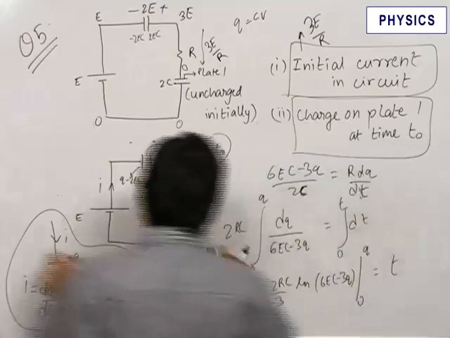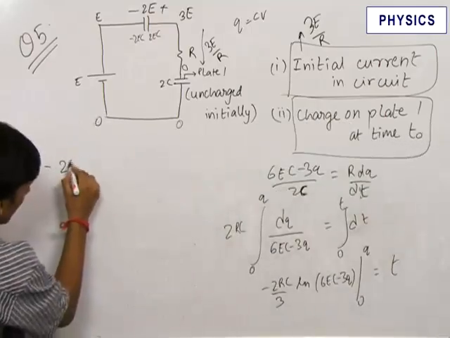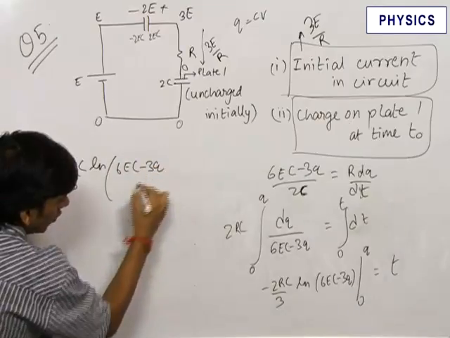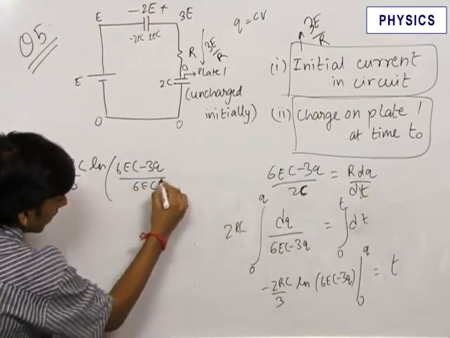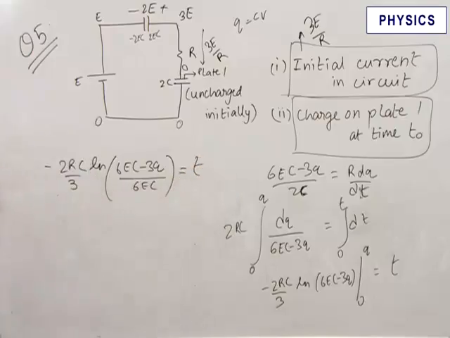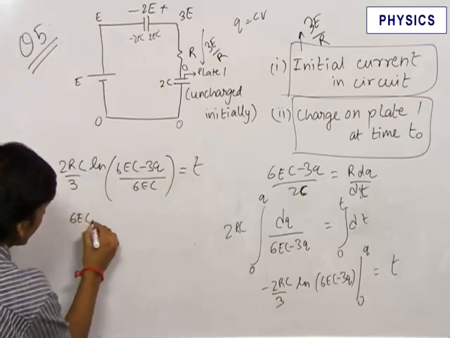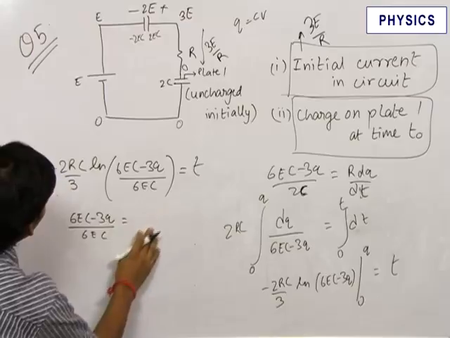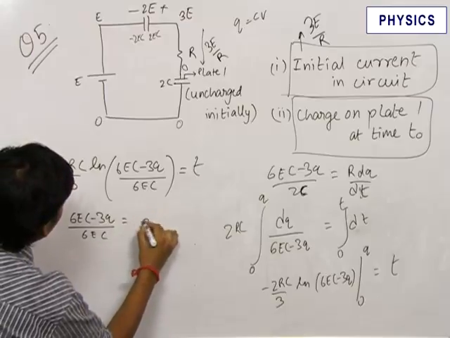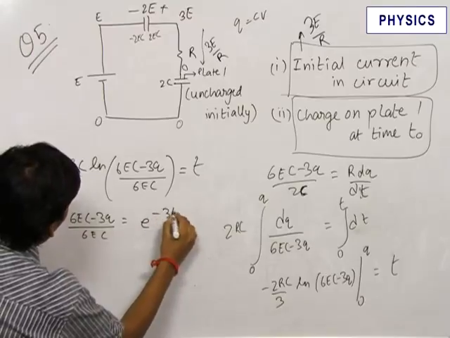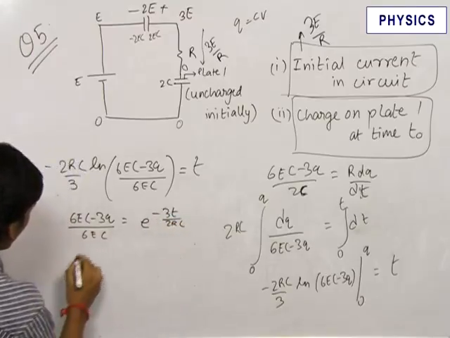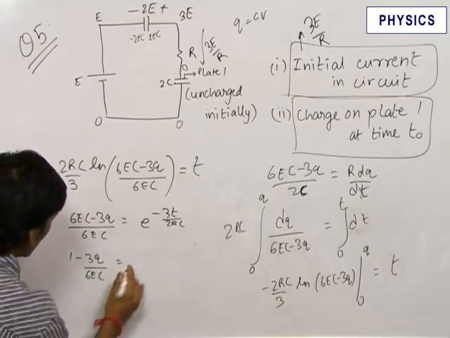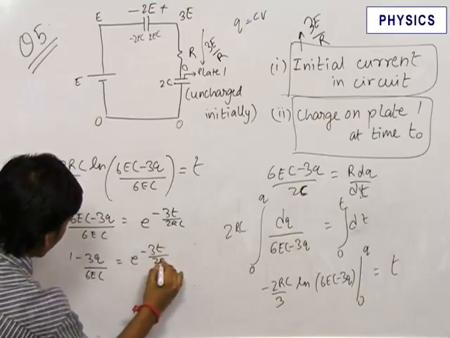Now on solving this, we get minus 2RC upon 3 ln of (6EC minus 3Q) upon 6EC, equal to t. So we get (6EC minus 3Q) upon 6EC equal to e raised to the power minus 3t upon 2RC. That is, 1 minus 3Q upon 6EC is equal to e raised to the power minus 3t upon 2RC.